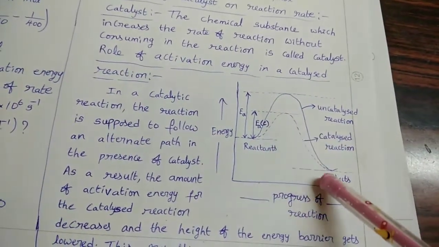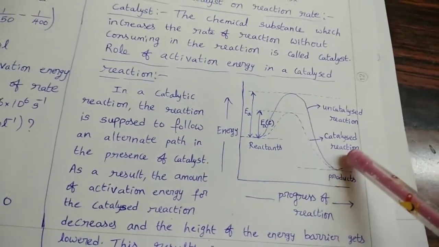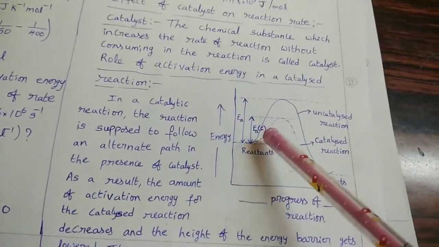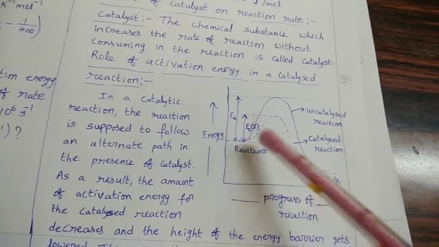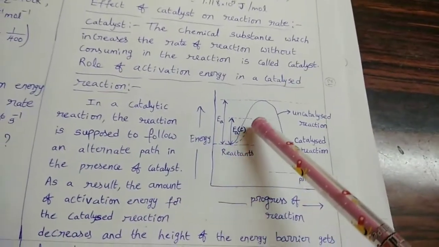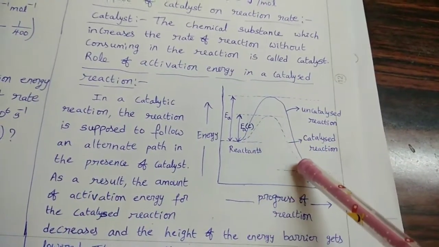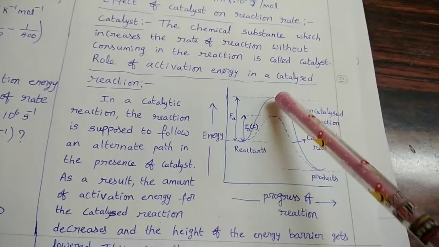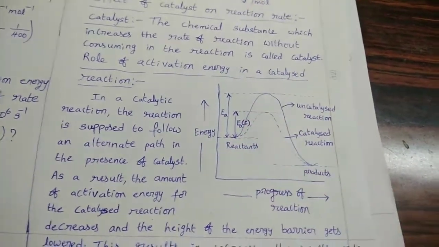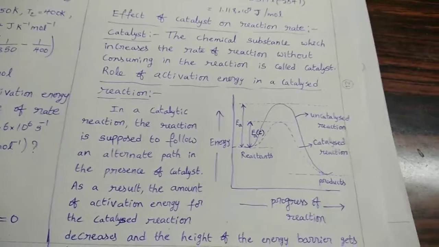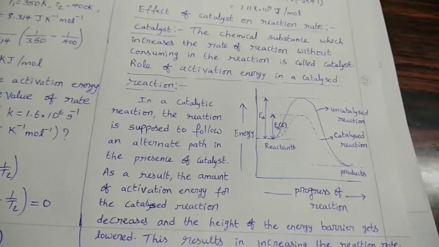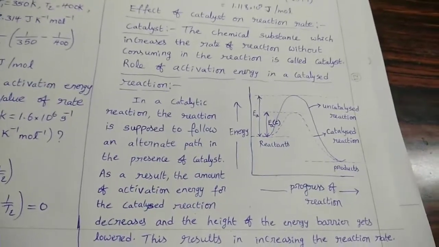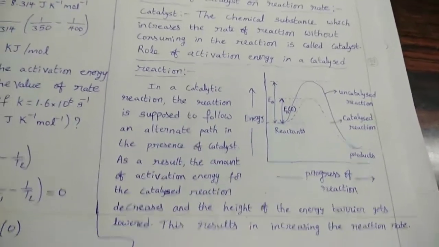EAC, here C means in presence of catalyst, this is the activation energy for the reaction. So in the presence of catalyst, the reaction follows this path. This energy gap is decreased. That's why the speed of the reaction increases. In this way, the catalyst provides an alternate path by decreasing activation energy so that the rate of reaction is increased.